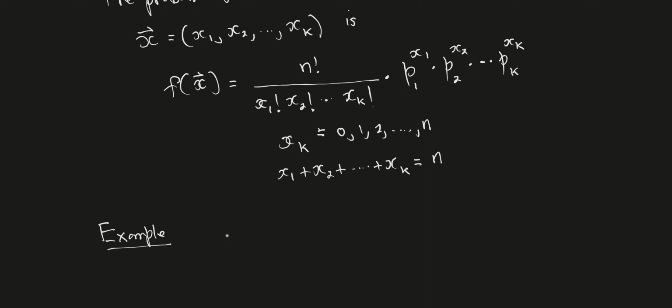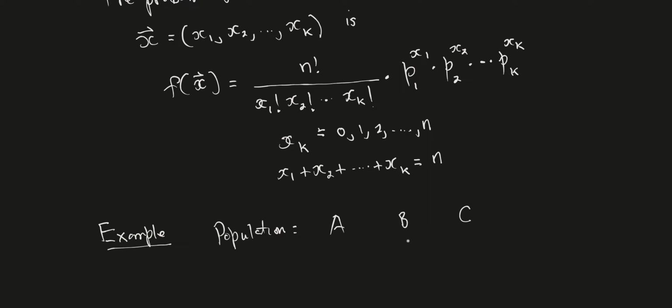I'm just going to call them categories A, B, and C. And here is the percentage or the probability of a person being in one of these 3 categories.